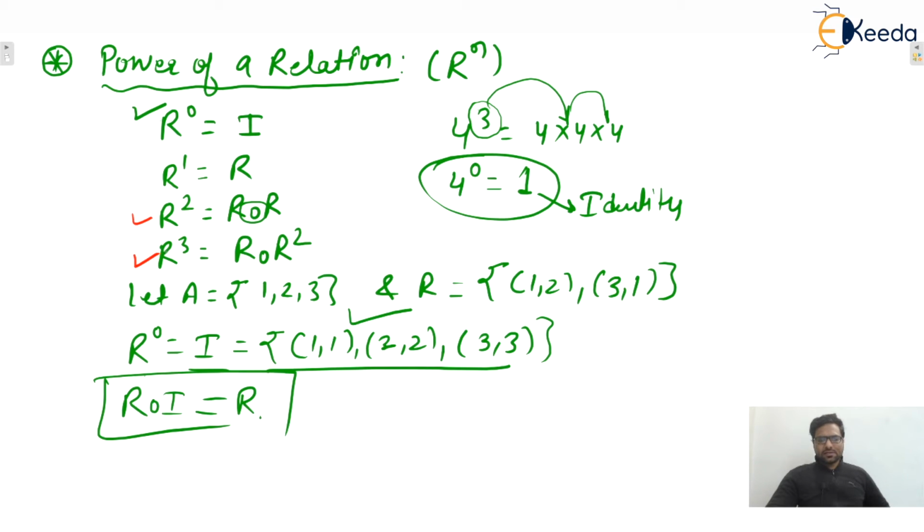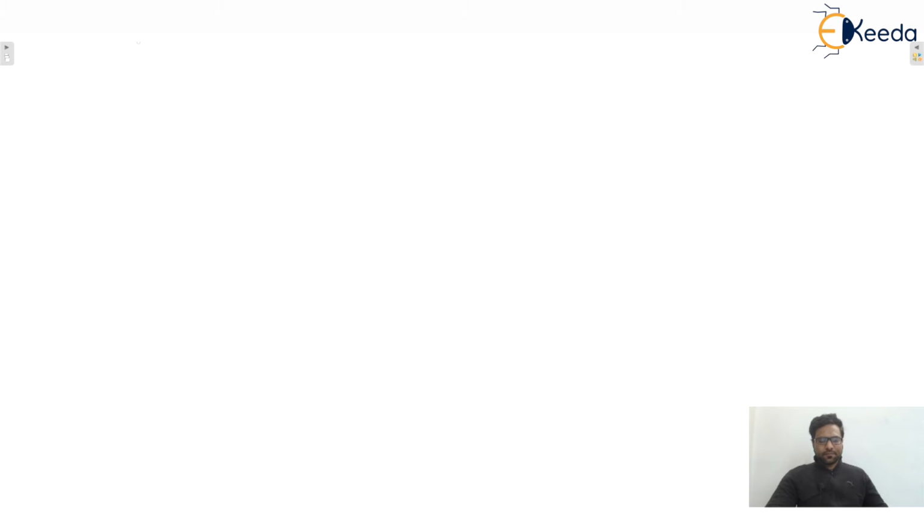Okay, let us consider one more example. One question, write down: one relation is given, (1,2), (3,1), then (2,3).